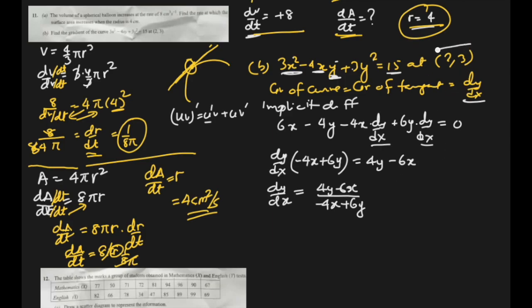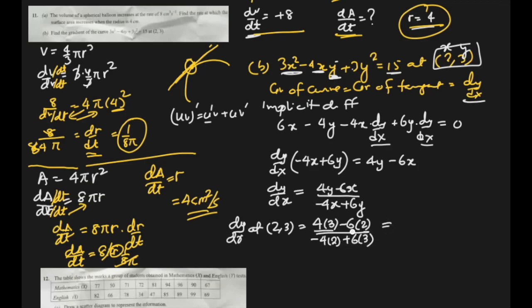Now they have given us the point (2, 3). That means x is 2, y is 3, and that's what we will substitute. So dy over dx at (2, 3) will be 4 times 3, y is 3, minus 6 times 2, divided by minus 4 times 2 plus 6 times 3. 12 minus 12, okay, 0. 6 times 2 is 12, 4 times 3 is 12.